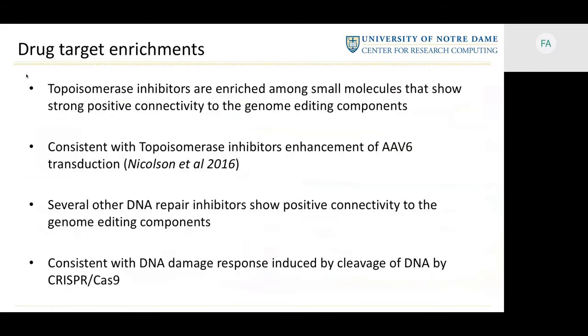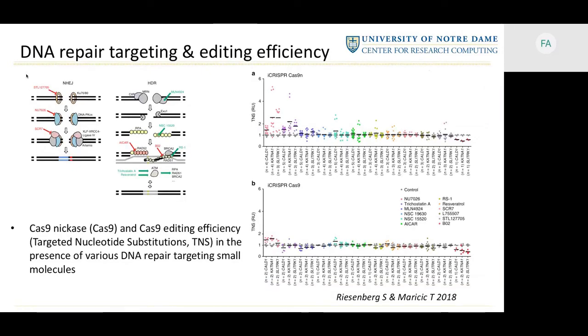molecules. And interestingly, many of these small molecules target several processes involved in DNA repair. This is very much consistent with a recent study that has shown that several DNA repair targeting small molecules can actually impact genome editing efficiency by CRISPR-Cas9.